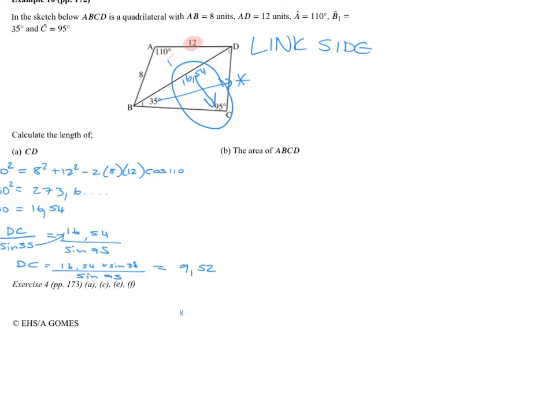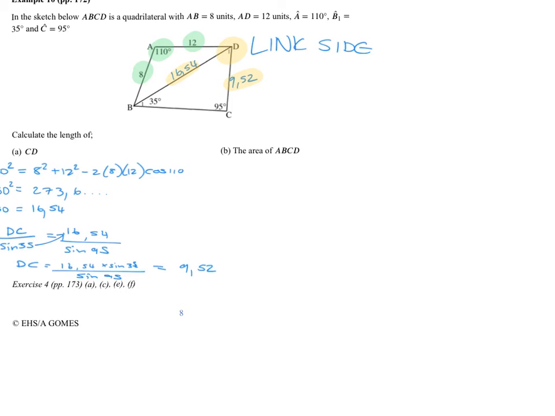All right, so then they're asking you for the area of the whole shape ABCD. Now it's made up of two triangles, and within those two triangles we've got some information. So let's just put this back in: 16,54, 9,52. Now to work out the area of non-right angle triangles, you need side, included angle, side, and then in the other triangle we have here two sides, but we don't have their included angle.